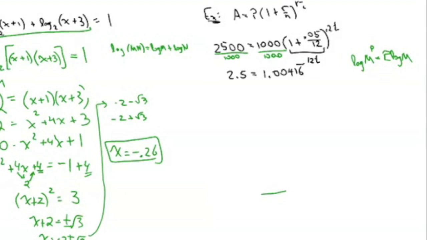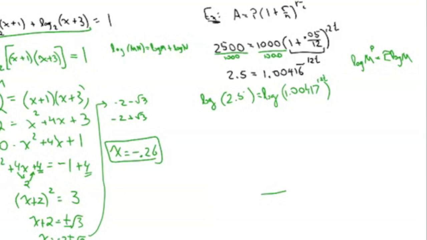So what I'm going to do is introduce it. If I'm going to introduce it, I have to apply it to both sides. So this is 2.5, this is 1.00417, we'll round it, raised to the 12t. And we're going to log both sides. Just plain old log. What base is log? Base 10. If it's not written, it's automatically base 10.